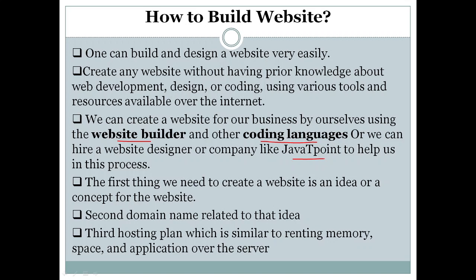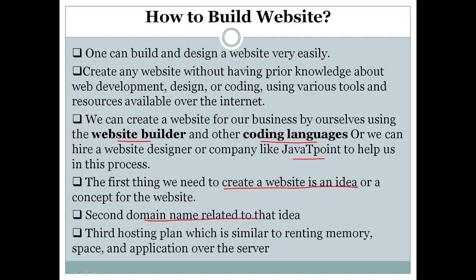To build the website, the first thing that we need is to have a site idea or the concept for the website. Once you have the concept of a website, you can go for a domain name related to that idea.